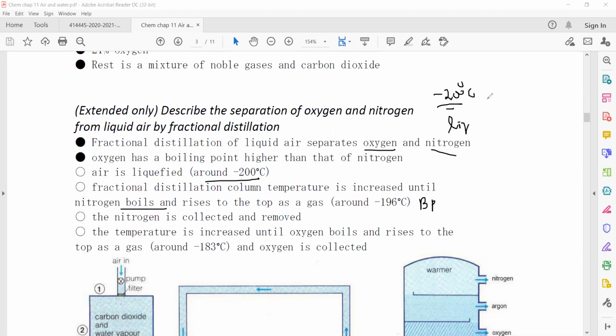But as it gains energy, its temperature starts to increase. Once it reaches minus 196, which is the boiling temperature of nitrogen, nitrogen converts from liquid to gas. And once the temperature reaches minus 183, the oxygen starts to convert from liquid to gas.